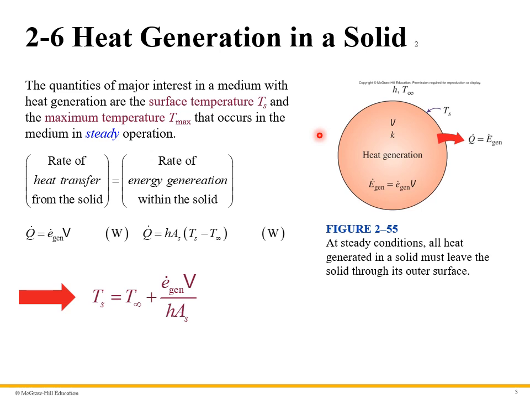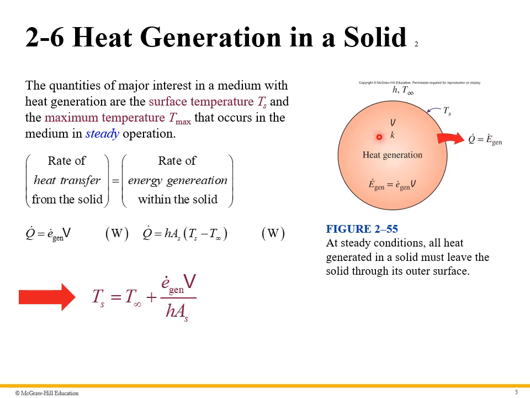So let's come up with a formula for how much heat is generated inside of a solid. Here we have a solid. It has a certain volume. It has a certain thermal conductivity. Inside, we're going to generate heat, and that heat is given by Q dot, which is equal to the energy generation within the solid, E dot gen.